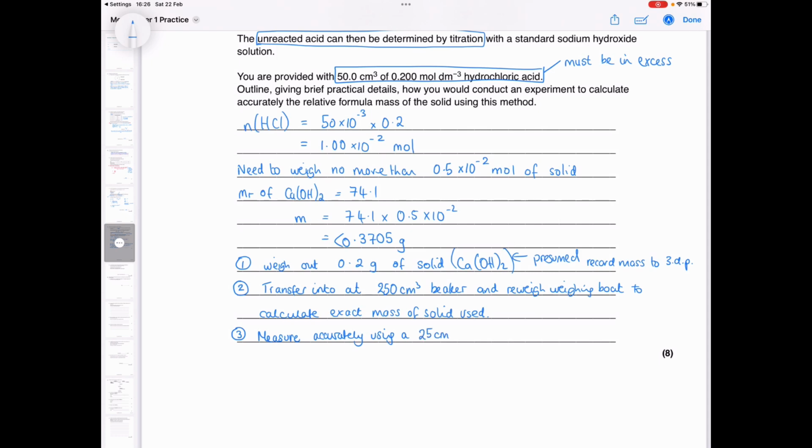So measure accurately using a 25 centimetre cubed pipette, 50 centimetres cubed of 0.2 mole per decimetre cubed HCl. Use 2 pipettefuls.